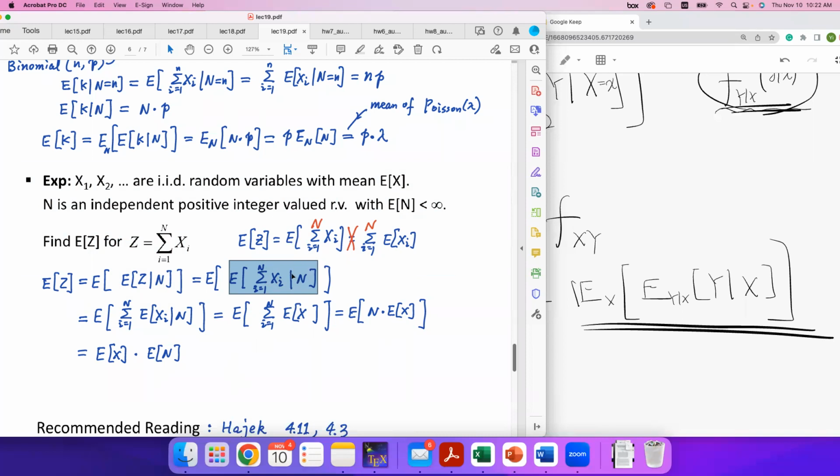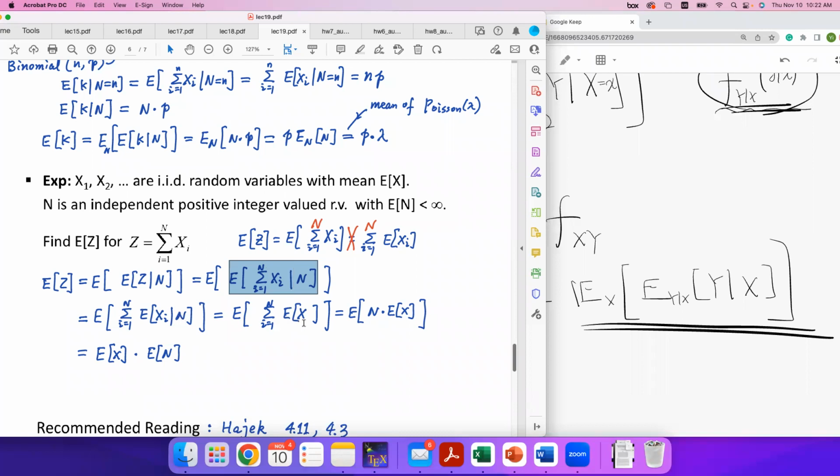Therefore, for the inner expectation, we can pull the summation out of the expectation, because conditioning on n, this is no longer random. So it's a sum of these conditional expectations. But we know that capital N is independent from these xi's. It is given in the problem statement. Therefore, it can be removed.